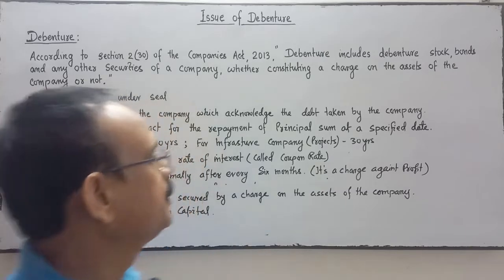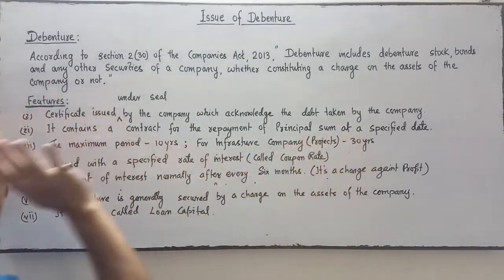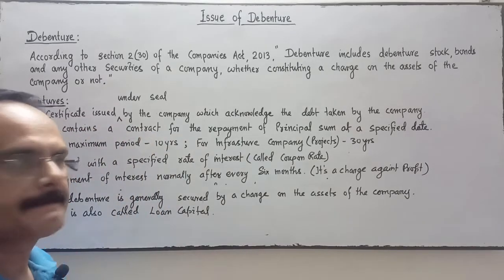So the maximum is 30 years for an infrastructure company, and for other companies the maximum period is 10 years.